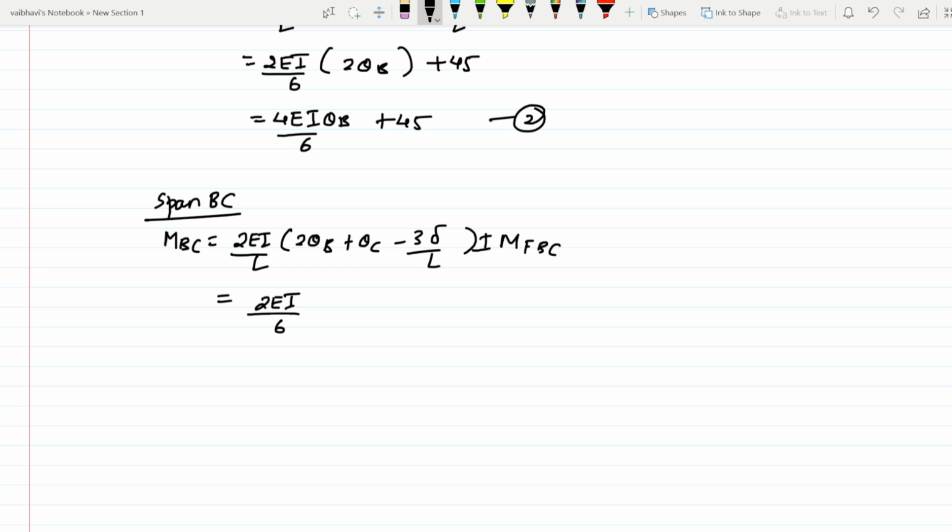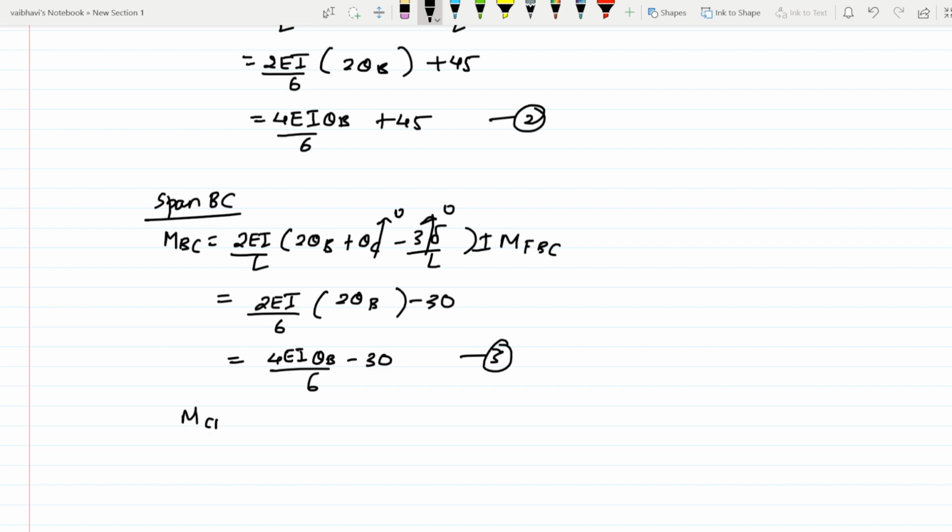Its length is 6, 2 theta B, theta C is 0, delta is 0, minus 30. 4EI theta B by 6 minus 30, it is equation 3.